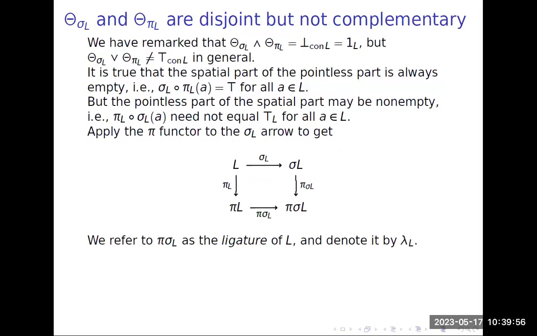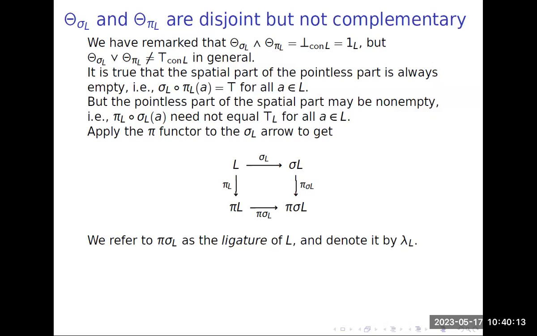So back now again to this idea of a subdirect product. We've remarked that the two congruences are disjoint. They are not, however, complementary. Their join is not the large trivial congruence.